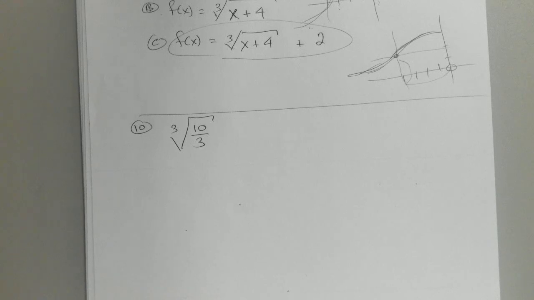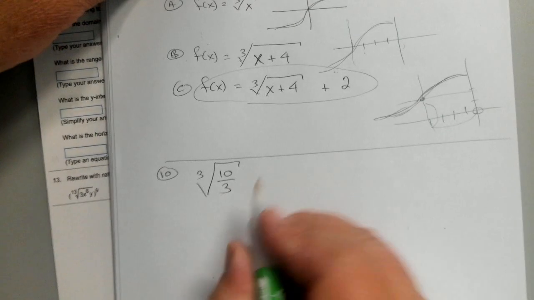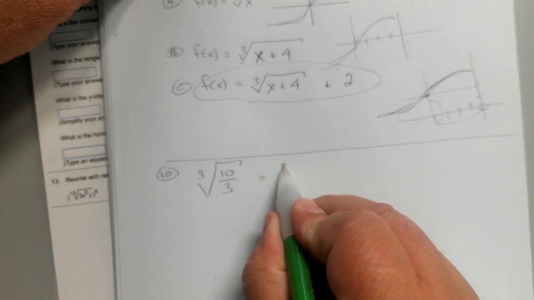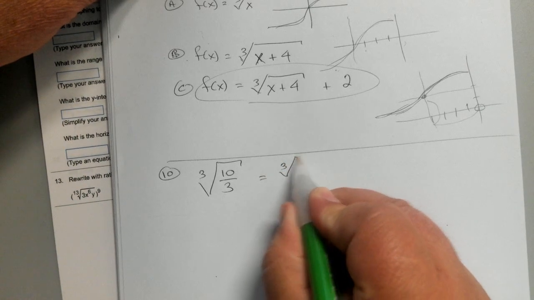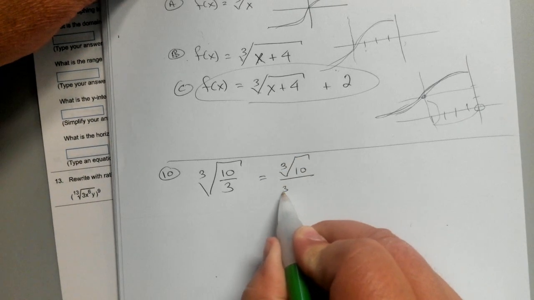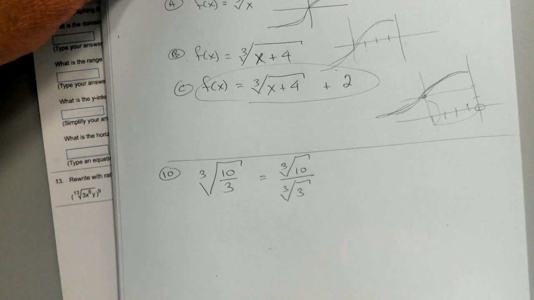What does that mean, rationalize the denominator? You cannot have a radical on the bottom. So you get rid of the radical, move it on top somehow. This is what we have right now: cube root of 10 over the cube root of 3.